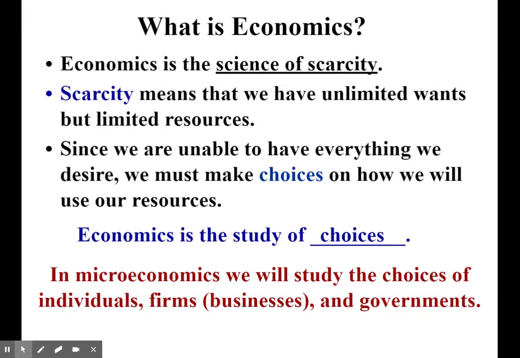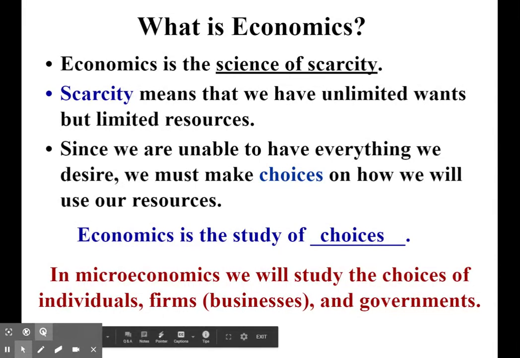How many shoes are they going to produce? And then also understanding the role of government as it relates to how they decide what to provide, and the science of making those choices for society.